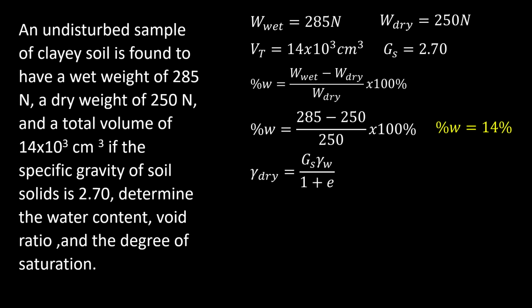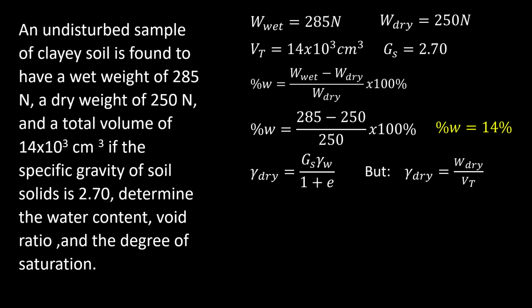In order to calculate for the void ratio, let us try to have a recall of our formula for the unit weight dry. Unit weight dry is also equal to the product of specific gravity and the unit weight of water all over 1 plus e. e is actually the void ratio.